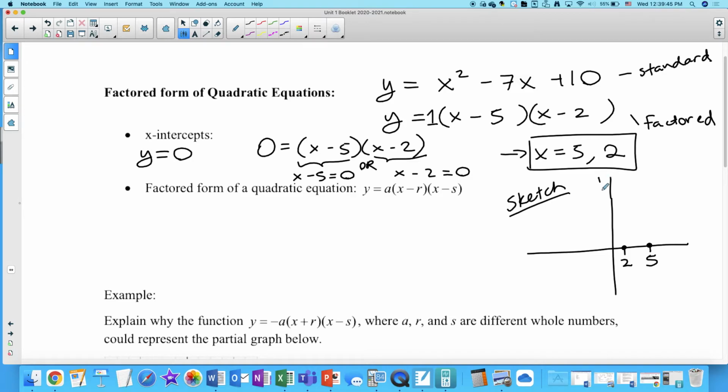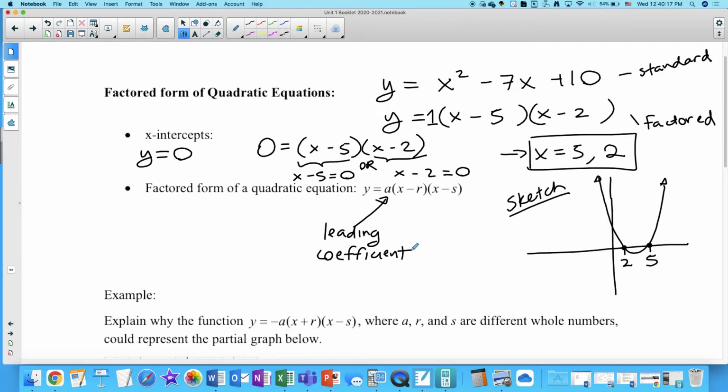Okay? So what can we tell about factored form? We know the x-intercepts, or we can pretty easily figure them out. Okay, so A is our leading coefficient. This tells me whether this parabola is going to open up or down, or in other words, the end behavior.